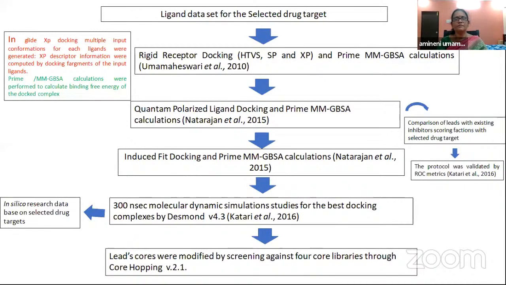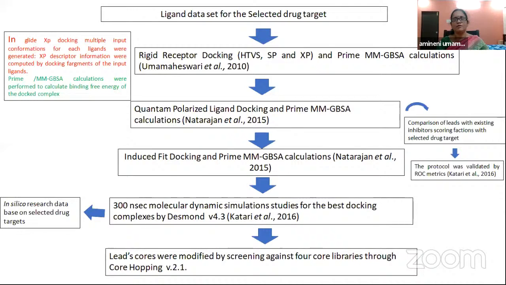So this is the ordinary rigid receptor docking, and here we are not considering the solvent model. With MMGBSA we calculate where the protein is present, whether in the cytoplasm or in the lipid layer. Like that we can calculate, and the surface area is also considered for the docking studies.